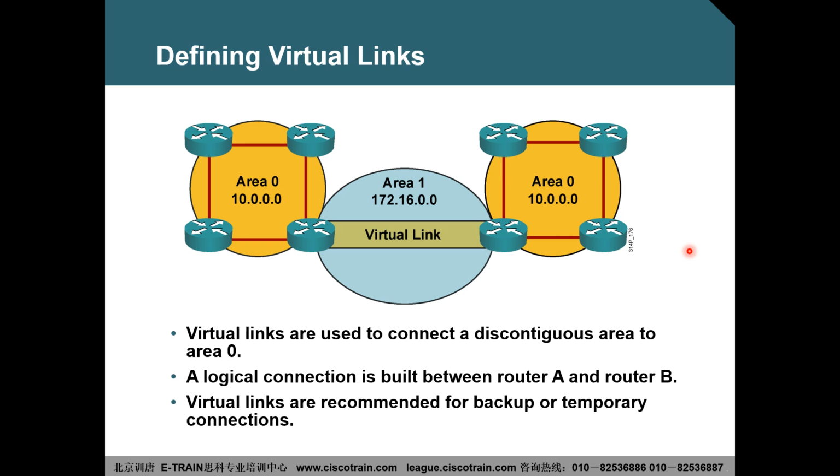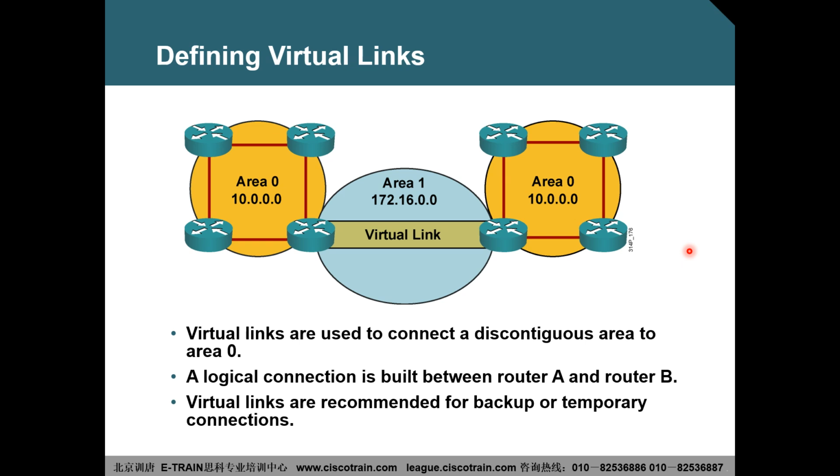You see, area 0 is discontiguous here. It's supposed to be one area, but it is not. Area 0 is in two different groups, and in between you have area 1. For some reason area 1 has come in between.